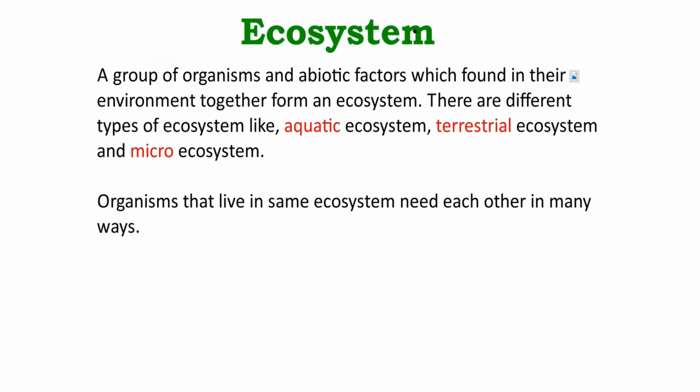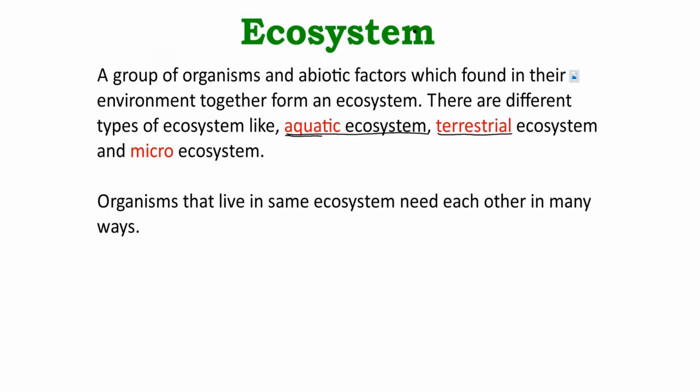There are different types of ecosystems, like the aquatic ecosystem. Aqua is about water. So the living things with their surroundings in water, like a lake or river or sea or ocean. Terrestrial ecosystem, terrestrial is about something which is on land.